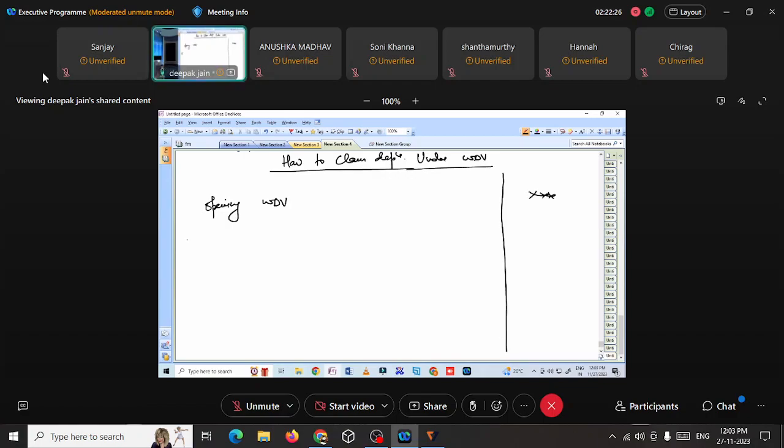Then you have to add the actual cost of assets acquired during the year.